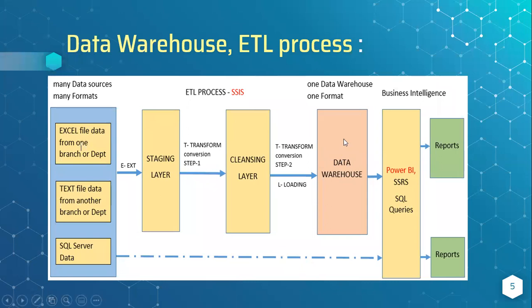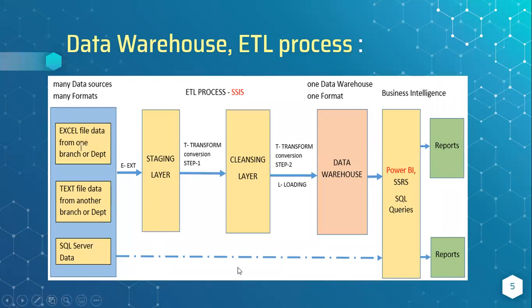So after creating the data warehouse, we will use a reporting tool like Power BI or SSRS for creating the reports. With a reporting tool like Power BI, we can connect to the data warehouse or directly to source data also.